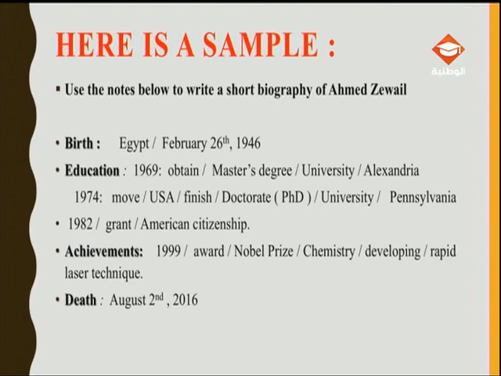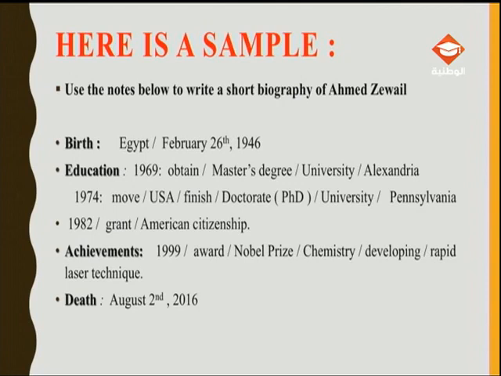His education, so we have 3 dates here. In 1969, obtained master's degree, University Alexandria. 1974, move, USA. Finish, doctorate, University Pennsylvania. 1982, grant American citizenship, means he became an American citizen.